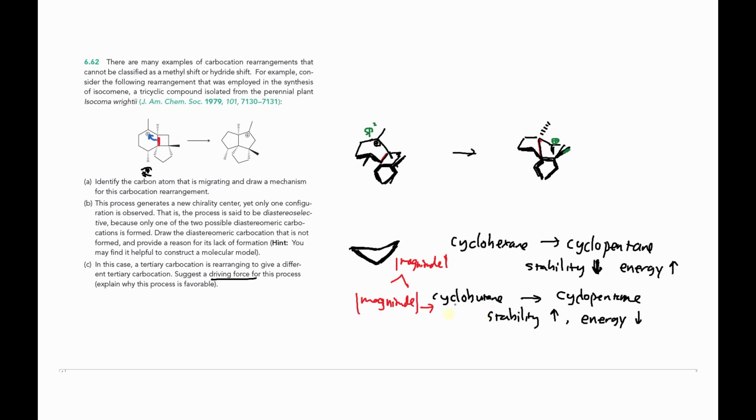So as we release more energy and create higher stability from turning the cyclobutane to cyclopentane, this net stability is much more from transitioning from cyclobutane to cyclopentane. That's the driving force for this to happen.